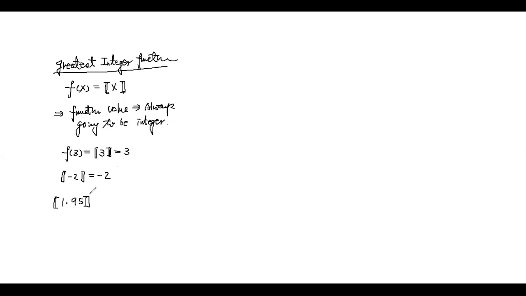This integer has to be less than 1.95, and it's the greatest one less than it, because you can have 0 less than it, or -1 less than it, but I want the greatest one. So what is the biggest integer less than 1.95? It's 1, right? Remember, it always comes out as an integer.